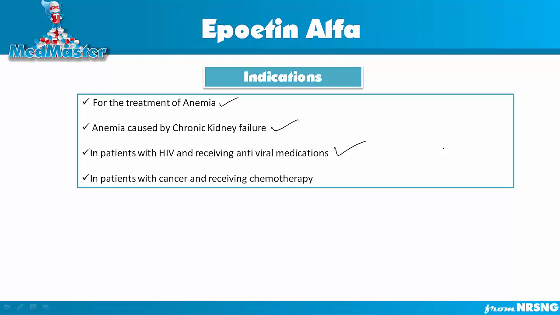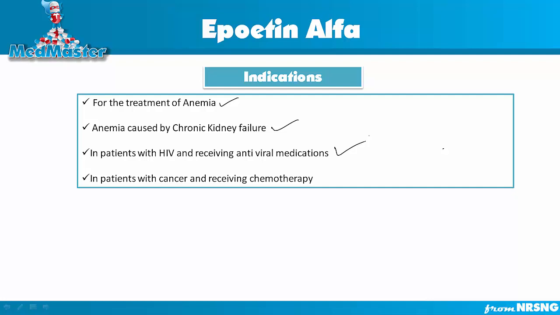The reason they give this medication to a patient receiving antiviral medication is that most antiviral medication will cause low red blood cell production. That's one of their side effects, and in order to overcome that, the patient will be on Epoetin Alfa to increase their red blood cells.